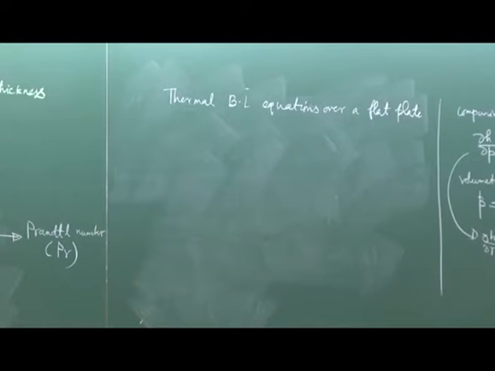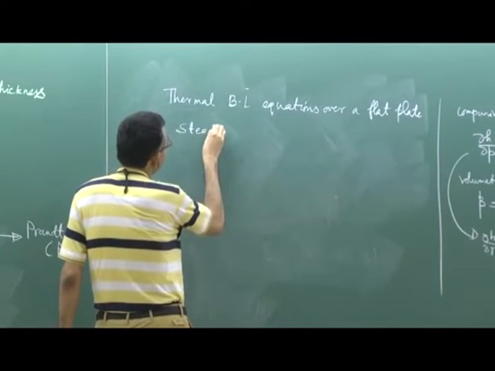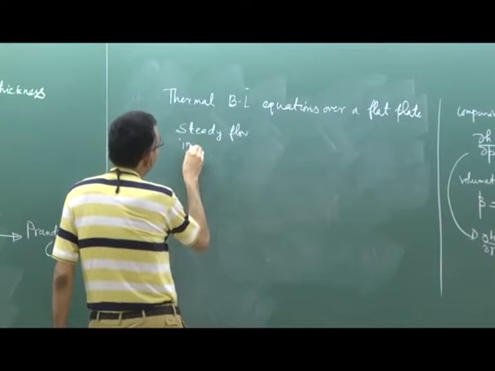Thermal boundary layer equations over a flat plate. So, we will assume steady flow, incompressible flow.